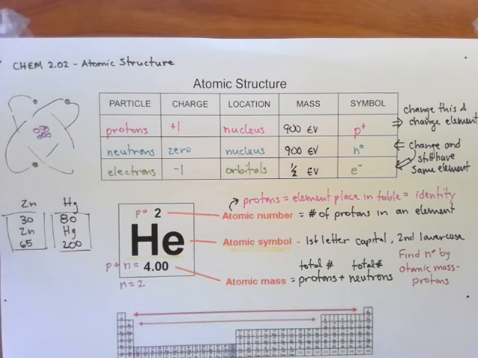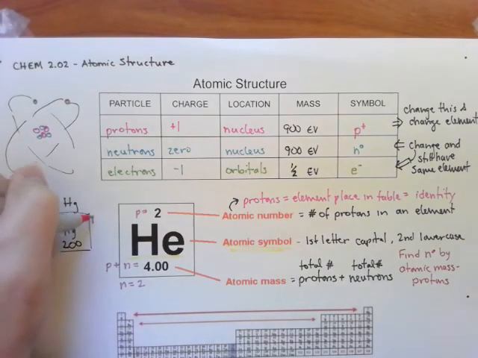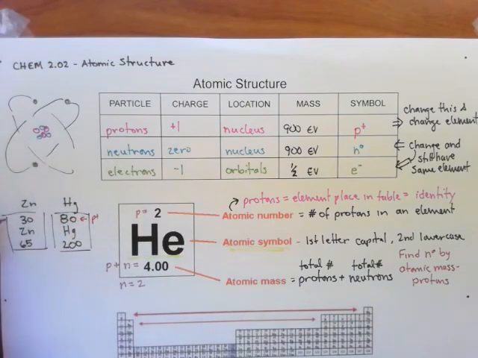So if I take, remember, this is my protons here, and this is protons plus neutrons. So if I subtract 80 from 200, that means that this isotope of mercury is going to have 120 neutrons, and it means that this isotope of zinc is going to have 35 neutrons.